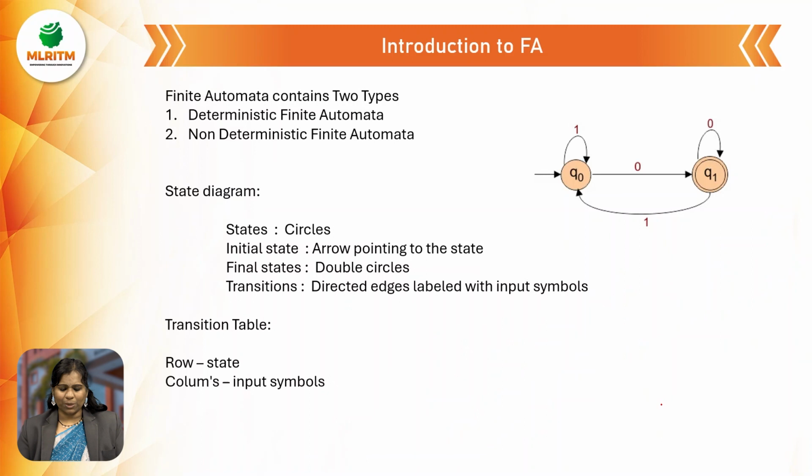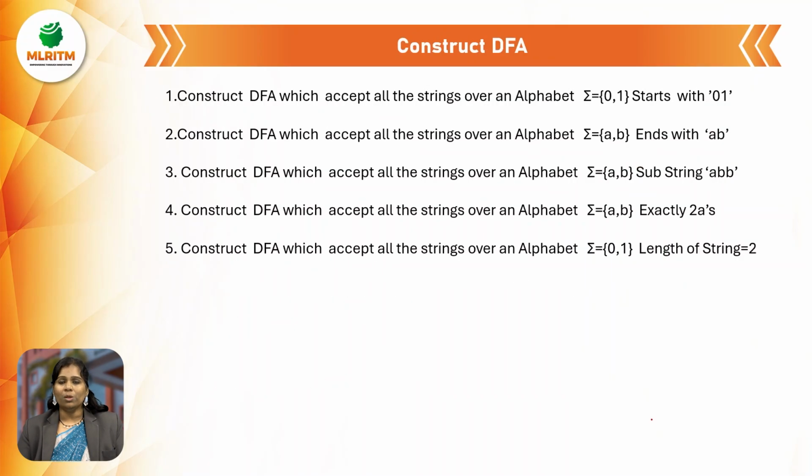Next, we have the finite automata types. Finite automata contains two types: one is deterministic finite automata, the second is non-deterministic finite automata. First, today we are going to learn how to construct the DFA and how we use the input strings.